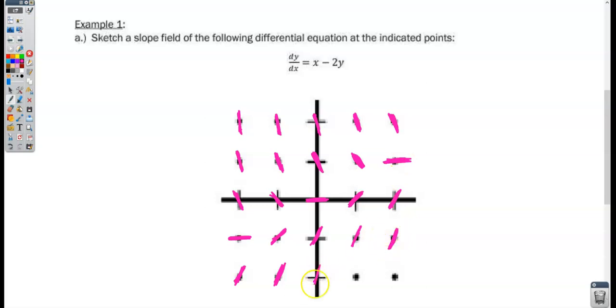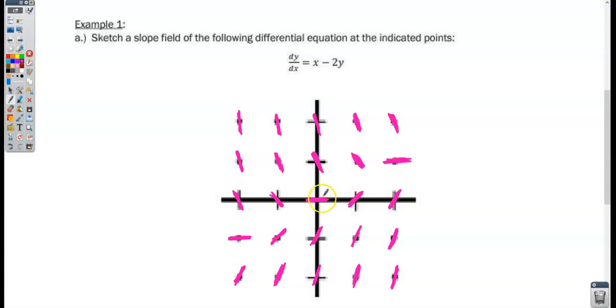So the slope will be 4 here as well. Here it's 5. And over here it's 6. So notice how hard it is to tell the difference between 5 and 6. All right, so there's a sketch of our slope field.